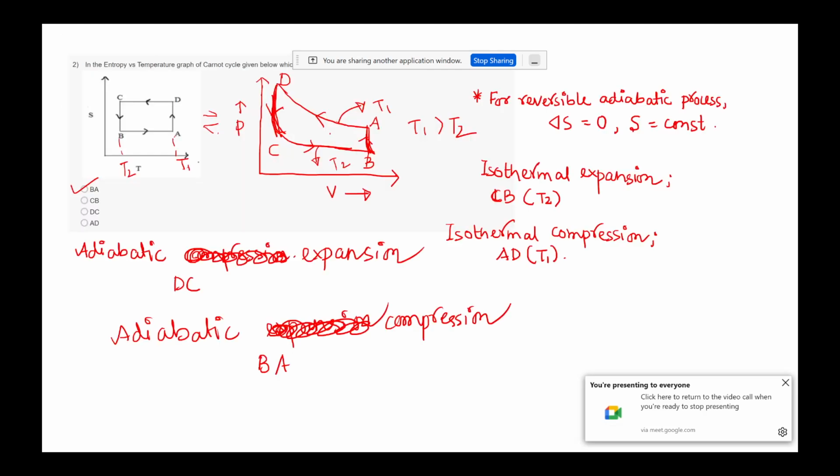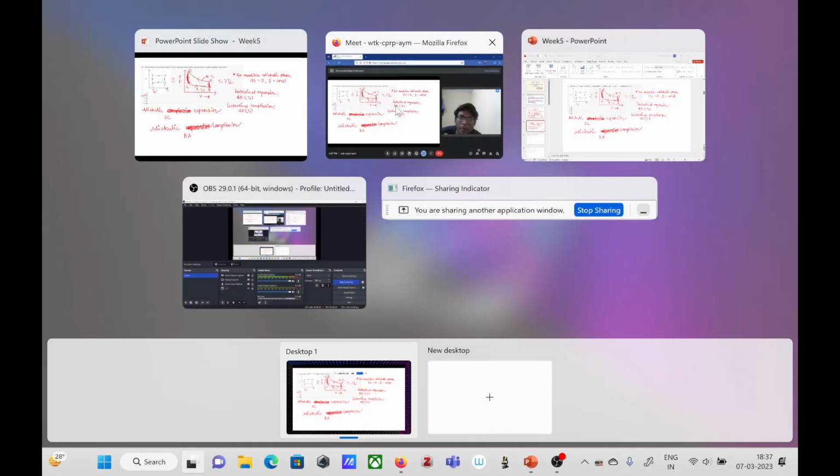Just look at this problem once, and let me know if you have any problem.